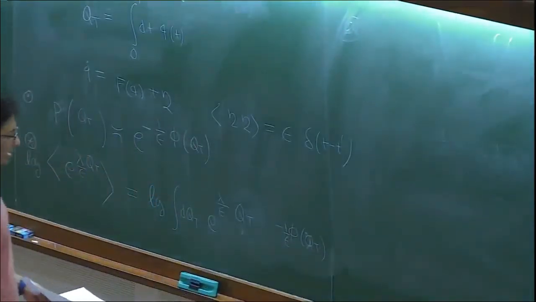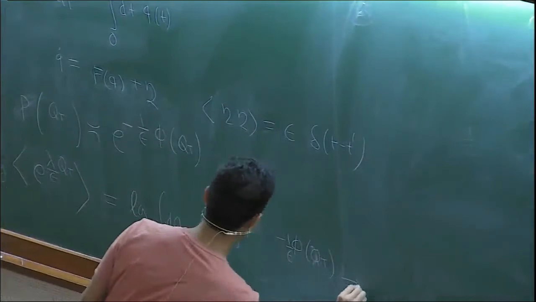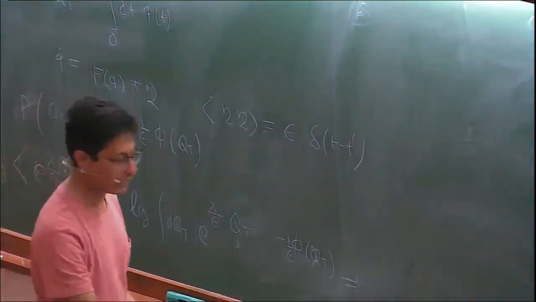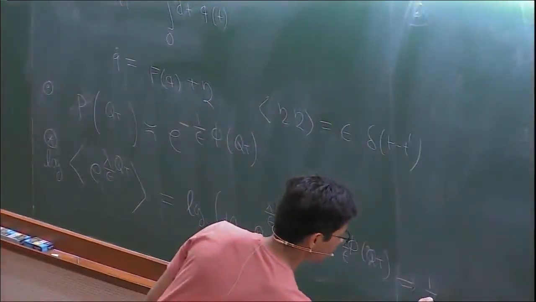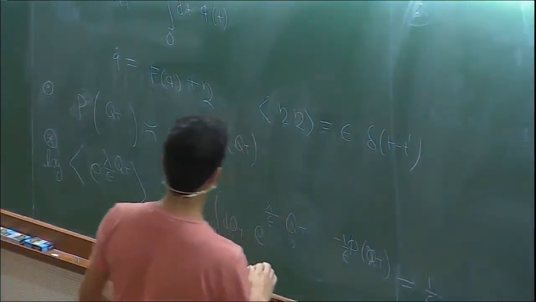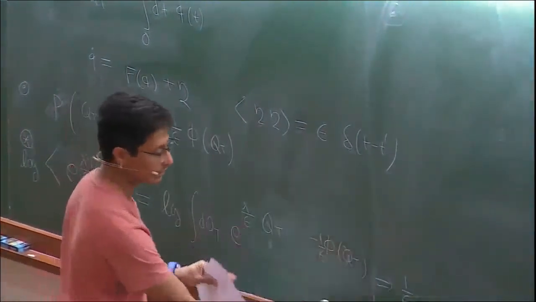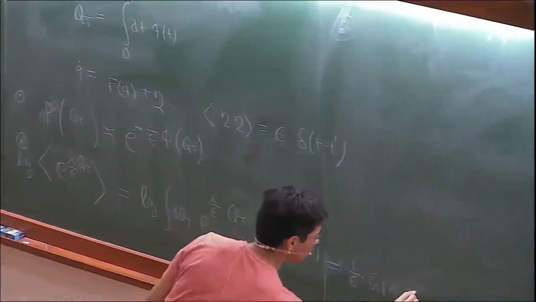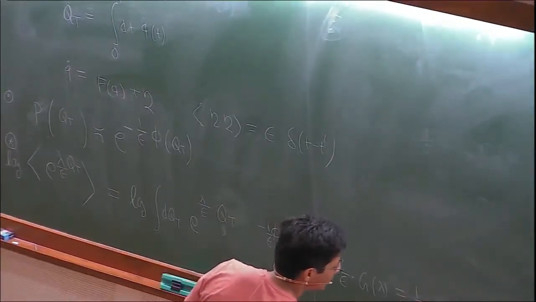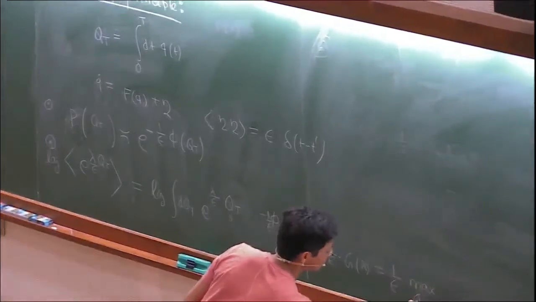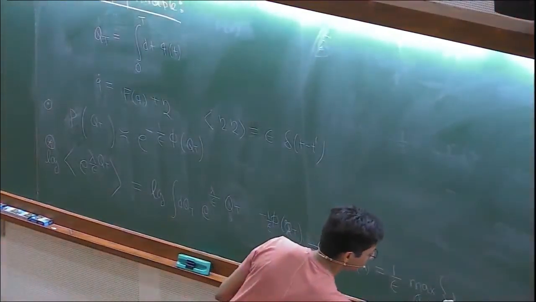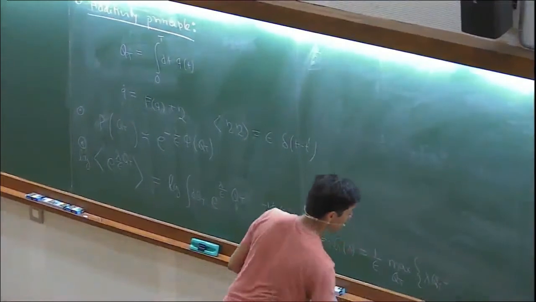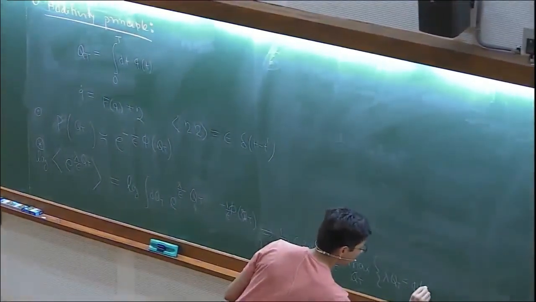Okay. And then you know that if this quantity in this saddle point would be something like epsilon, then the maxima of this quantity, let's just write that as g of lambda, which is simply 1 over epsilon times the maximum over qt of lambda qt minus phi of qt.